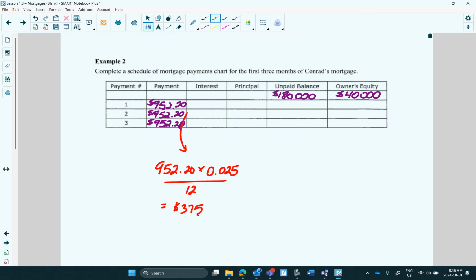So that's this amount right here in this cell. $375. So he's paying a pretty significant chunk of the $952.20 towards interest.